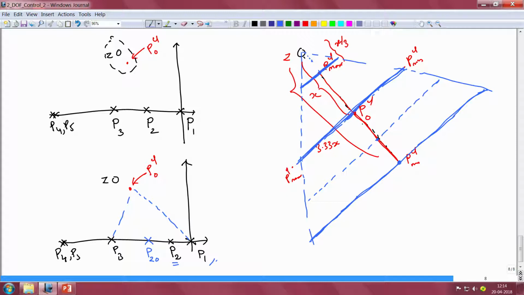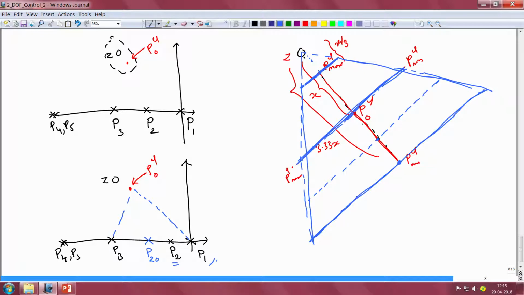Hence, if we have independent variations in the pole location of the plant and the gain of the plant, it is not difficult to see that in general the closed loop pole will vary within this particular quadrilateral.